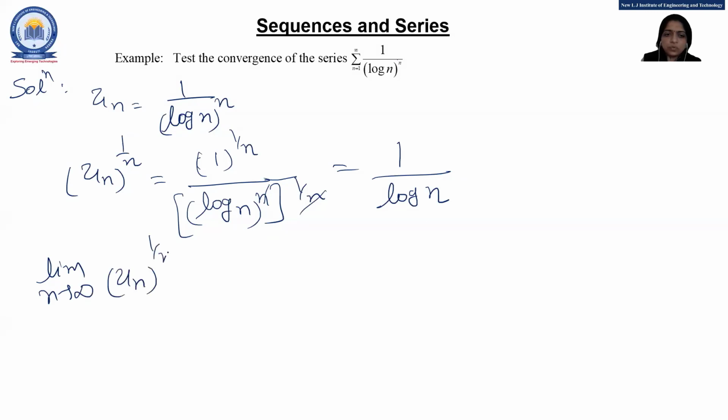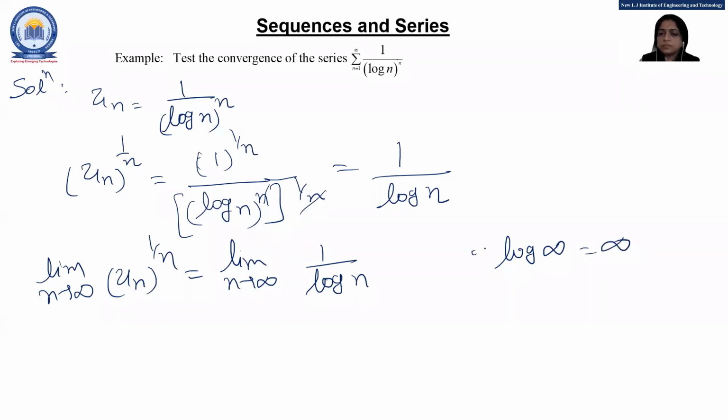So un raised to 1 by n: limit n tends to infinity of 1 upon log n. Here, if I apply n tends to infinity, log infinity is infinity, right? So 1 upon infinity is 0, and this 0 is less than 1.